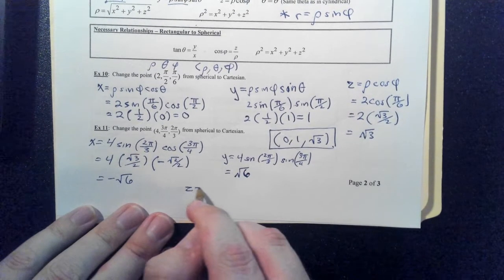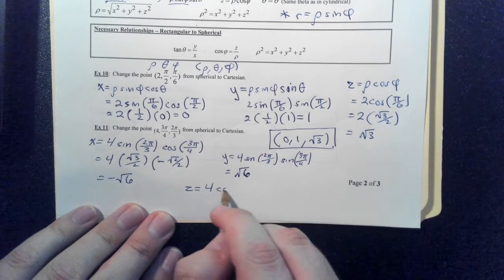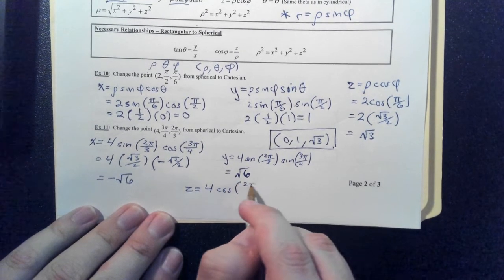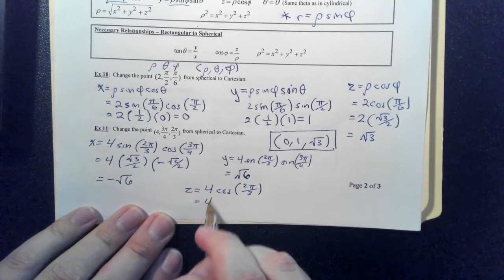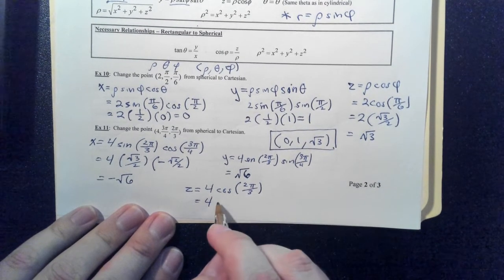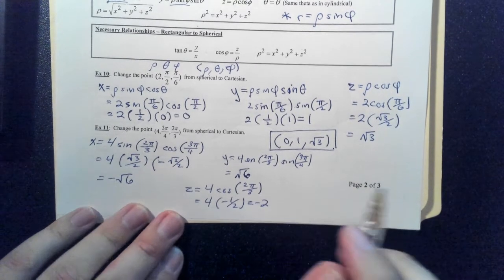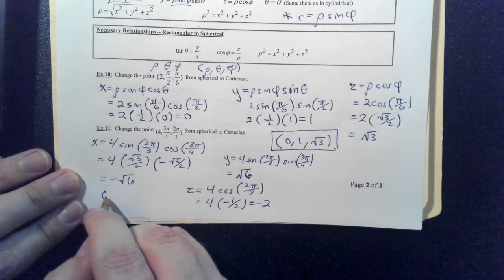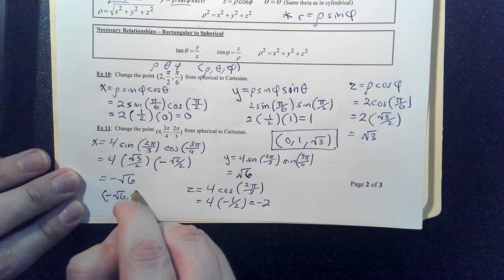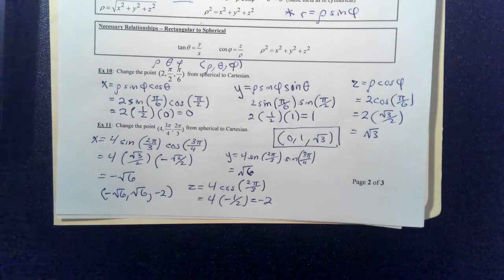When I go to find z, z is rho cos phi. So that will be 4 times the cosine of 2 pi over 3. The cosine of 2 pi over 3 is negative 1/2. So my coordinate is negative square root 6, square root 6, negative 2.